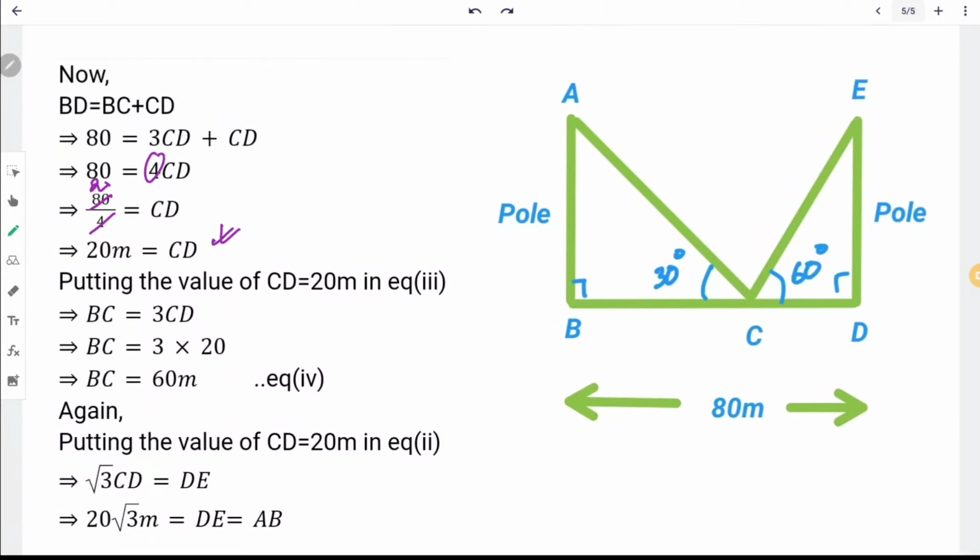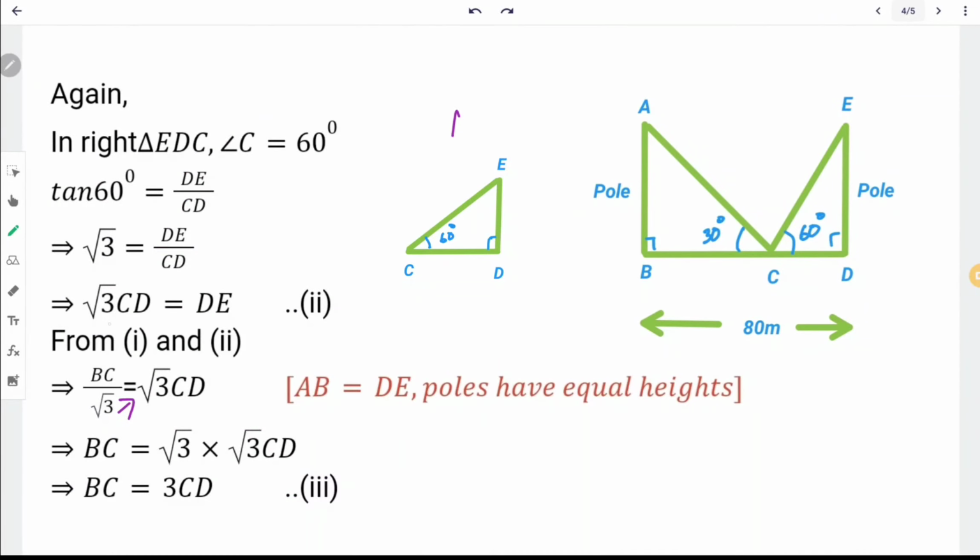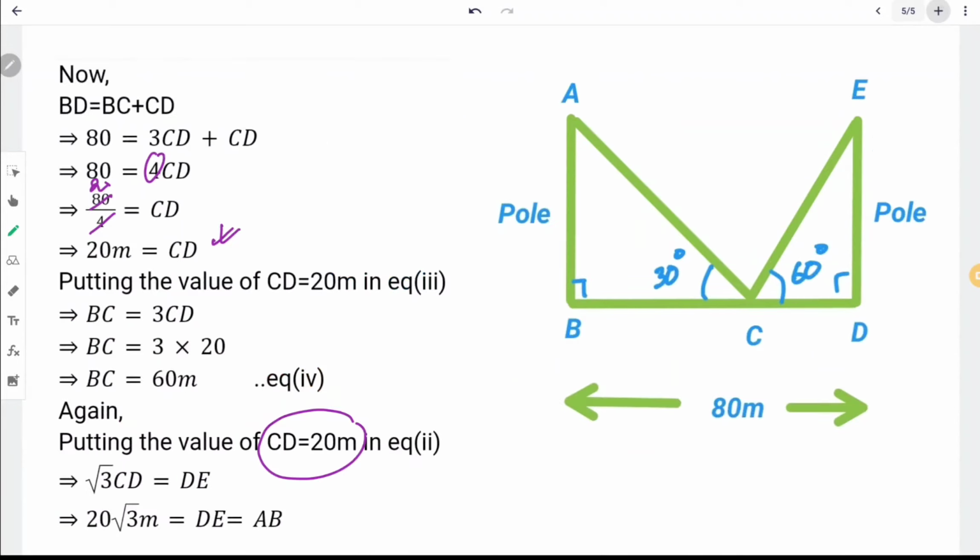So once again we'll put the value of CD in equation 2. If you go back to equation 2, this is the one. We know CD, let us try to find DE. So equation 2 is this, right? Root 3 times CD equals DE, but CD how much did we get? We got 20. So it will be something like this, root 3 times CD equals DE.